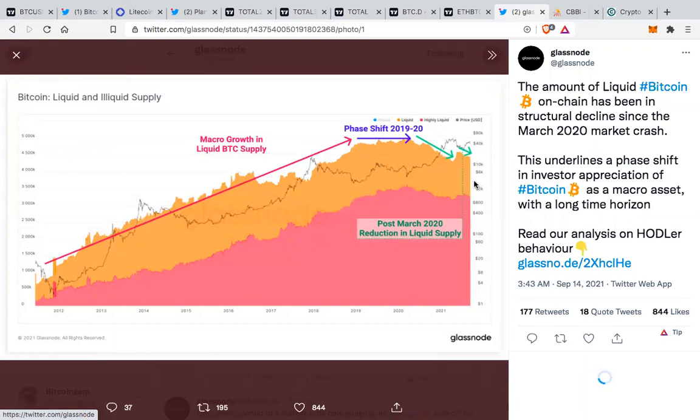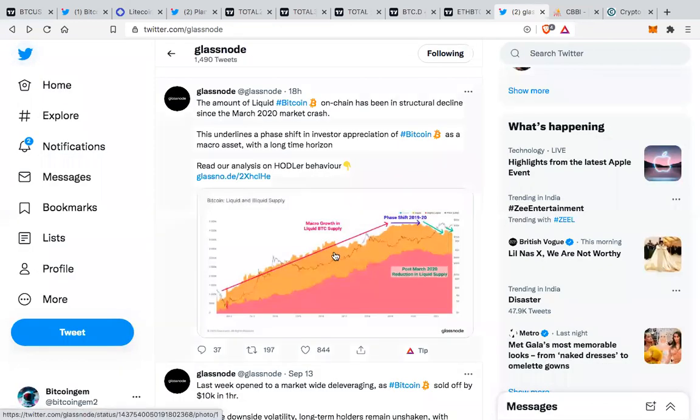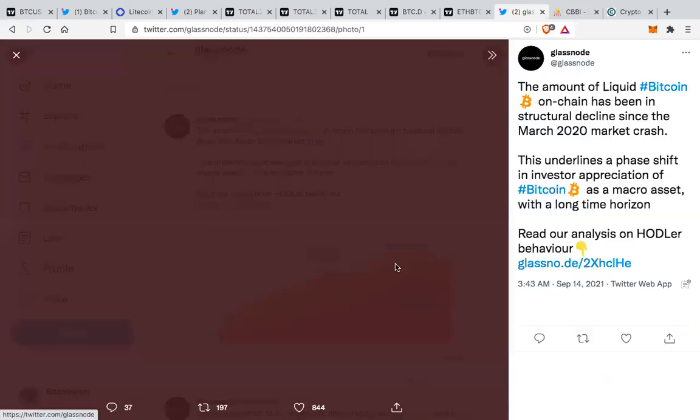So Bitcoin is going into the wallets of people who are not willing to trade very soon. They are going into cold wallets or cold storage. They are going off exchanges. And that's a very bullish thing. This is amazing. This is real data. This is not speculation.